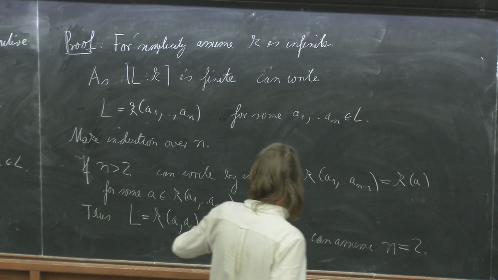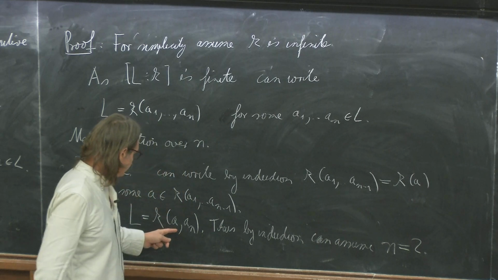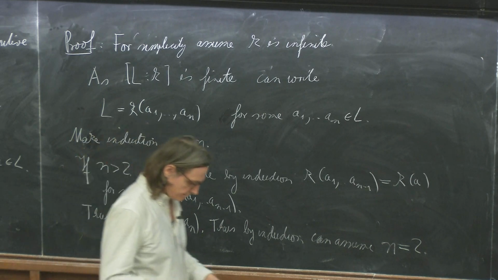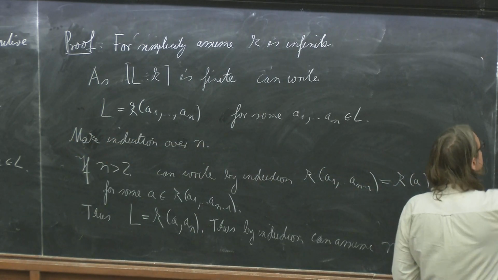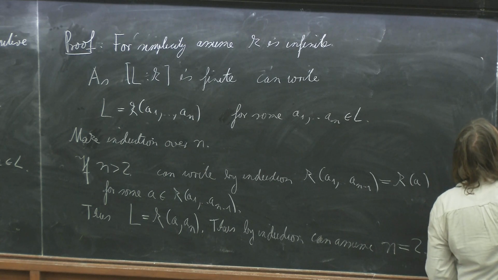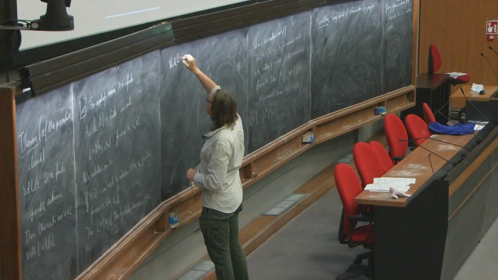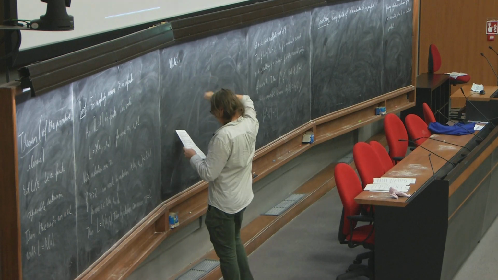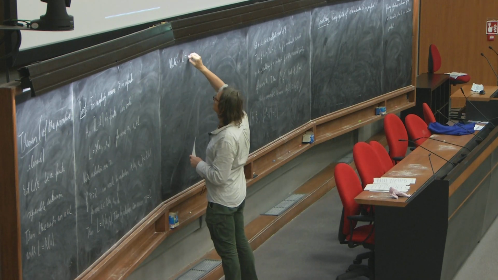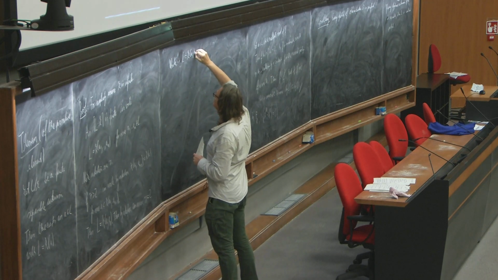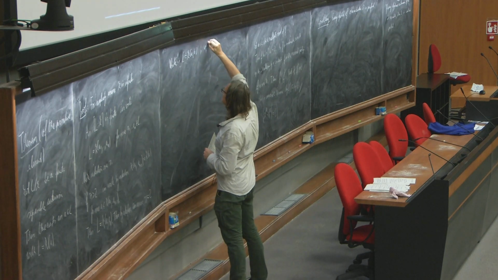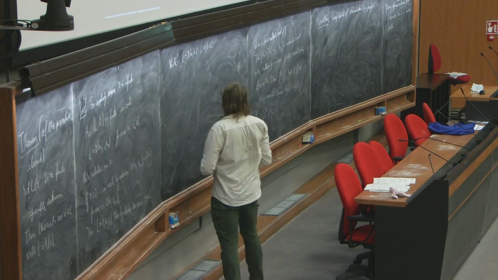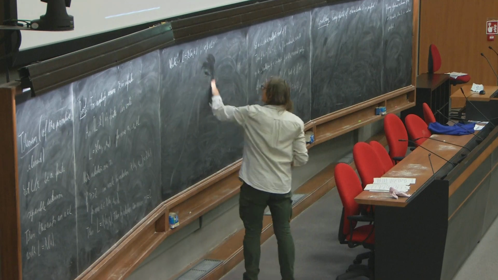So I change the notation slightly. I write my two generators a and b. So we write L = K(a, b), and we have to show that we can make do with one element.